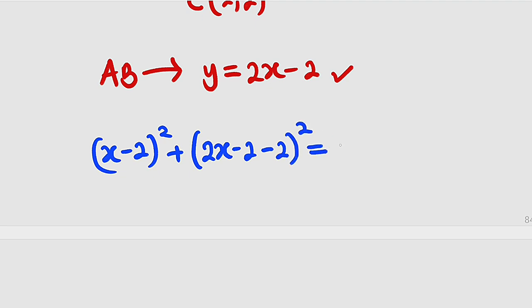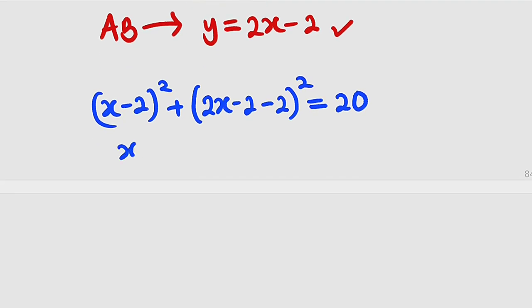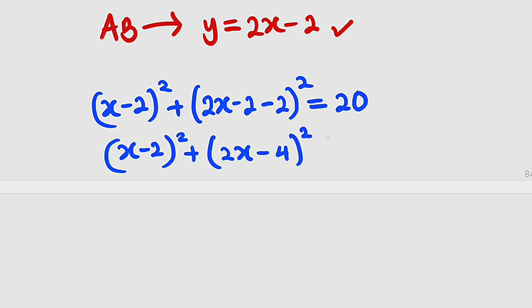And remember that this is equal to 20. Let's simplify this. This is (x minus 2) whole squared plus (2x minus 4) whole squared. Let me subtract 20 from both sides. We have minus 20, equal to 0.